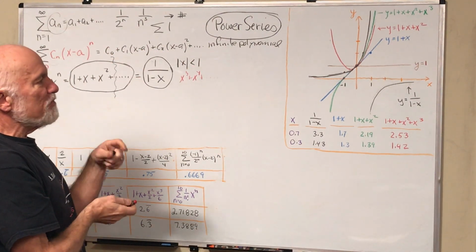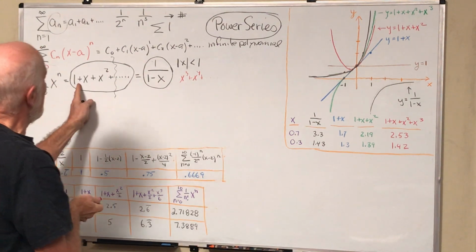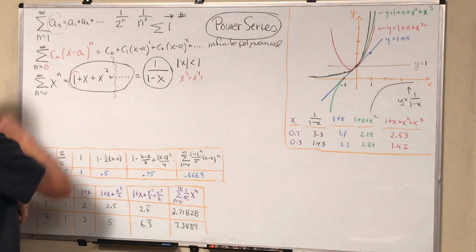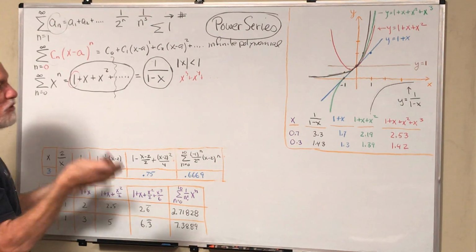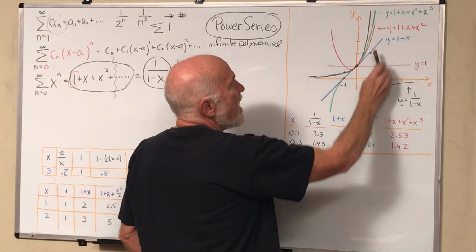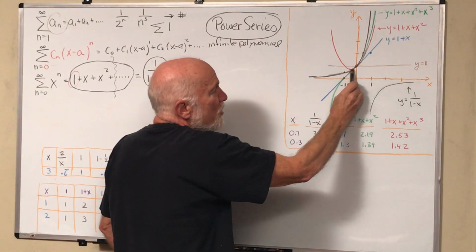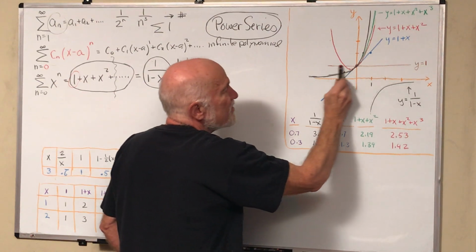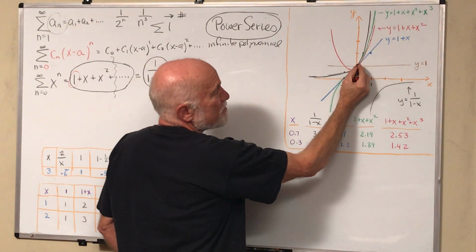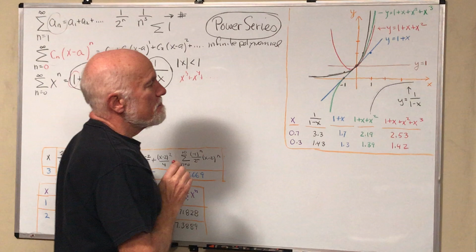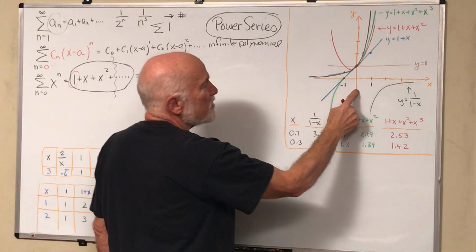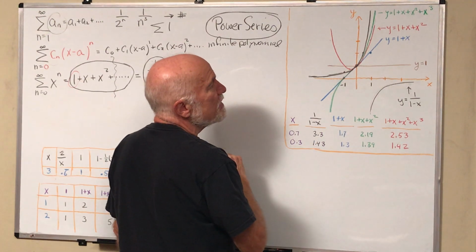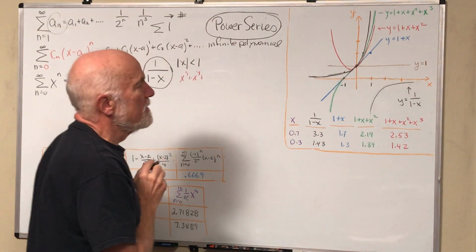So what would be the absolute worst polynomial of these? It would be if you just used 1, y equals 1. Then you'd be approximating this black curve between -1 and 1 with just this horizontal line. Well, you can see it does perfectly at x equals 0, but then it gets quite a ways away from 1 over 1 minus x.